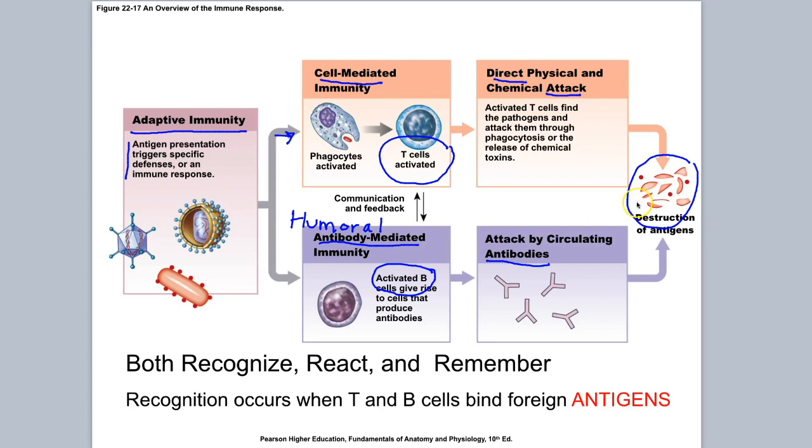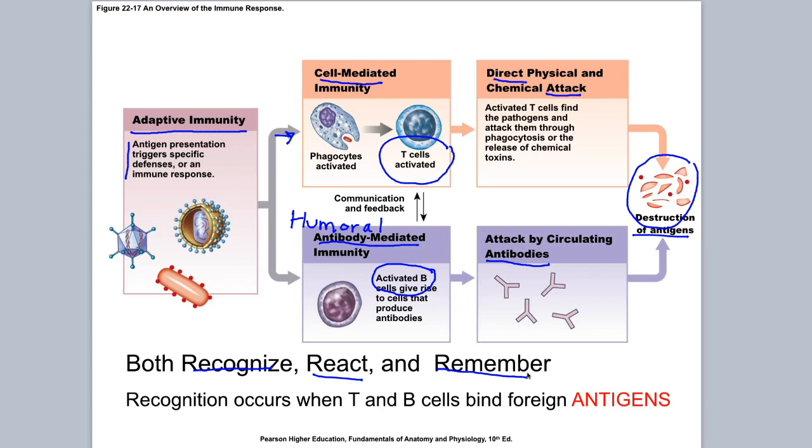Okay, but both of these branches of acquired immunity will result in the destruction of the antigens. Both parts of the immunity also will recognize the pathogen, react to the pathogen, and then finally remember the pathogen. So these are the 3 R's of our specific immune response: the cells recognize, react, and remember the pathogen.